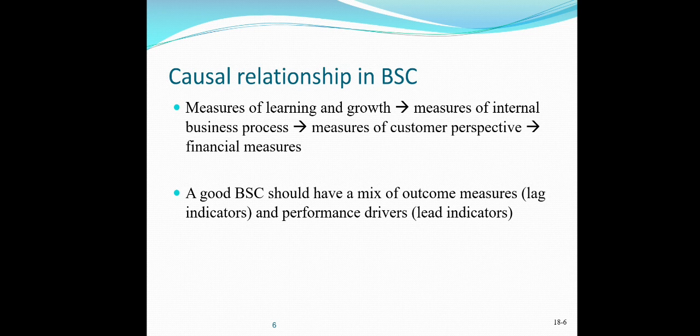By using balanced scorecard, if you want to make a business perform well, first you have to improve the learning and growth, and this one is related to improving the skill of employees, the ability of the employees.